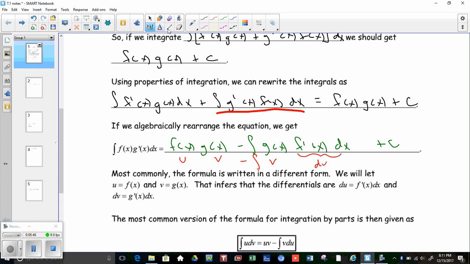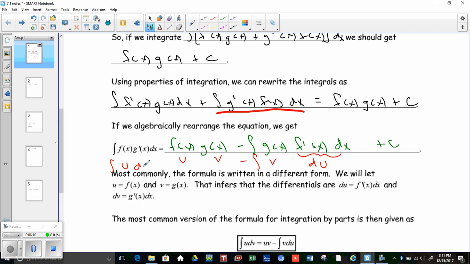See, that looks too much like a v. Du. There we go. So what this is really saying is this integral right here, again, f of x is u, g prime of x is really dv, because it's the derivative of this, which is dv.